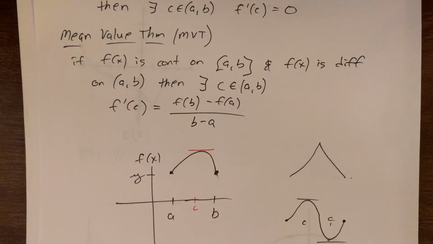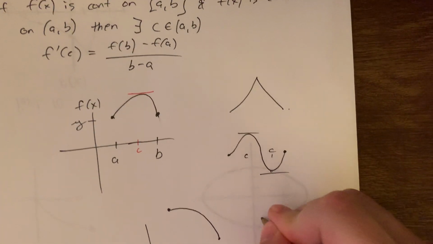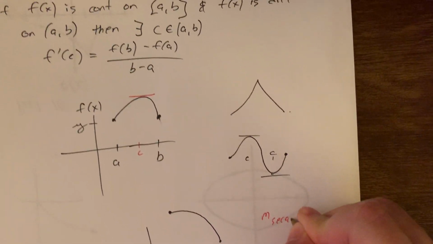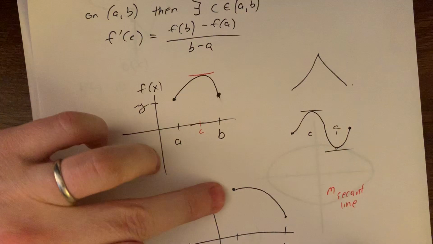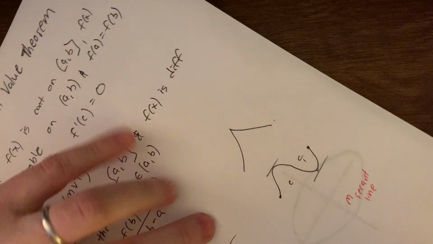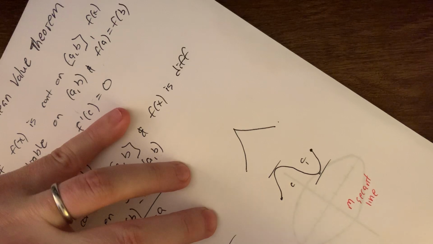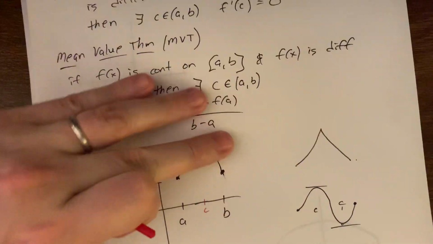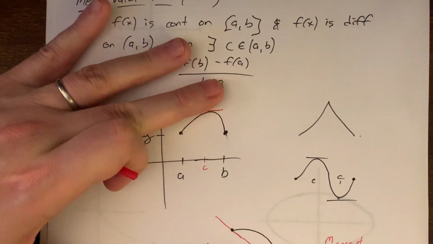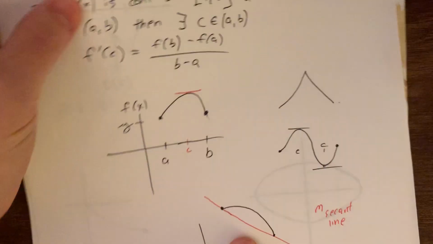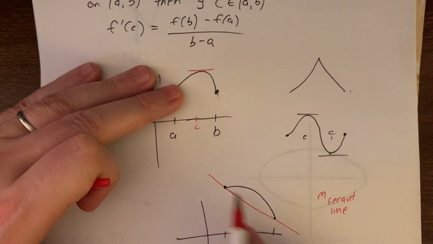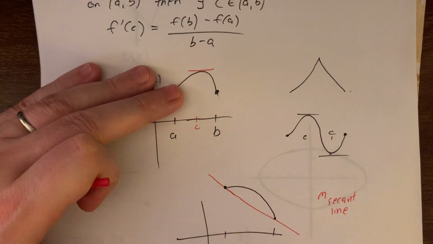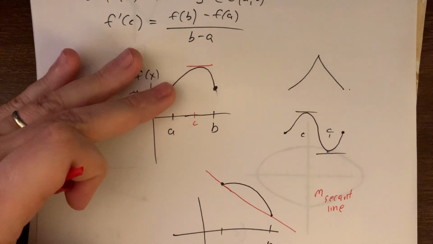Let's realize that represents the slope of the secant line. If I connected these 2 dots with a straight line, the slope of that red line I just drew would equal the y value here minus the y value here over this x value minus this x value. And as we always say, that is the definition of slope.